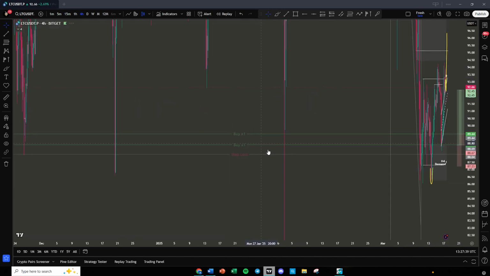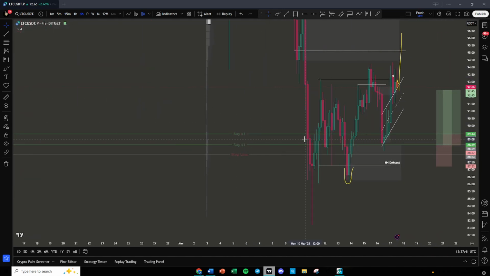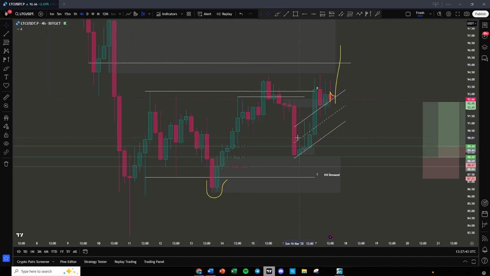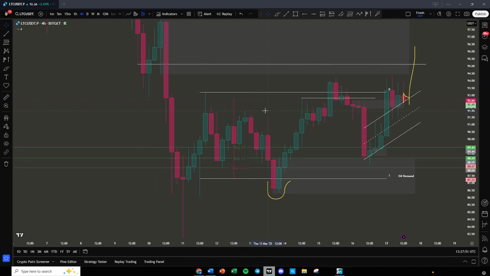Trying to think if there's anything else to talk about. Nothing really, just that I could have cut this position early because I saw a channel forming, but again, this is an H4 move. With an H4 entry, you want an H4 target. So this is an H4 target, fine. Liquidity here into supply, that's fine.